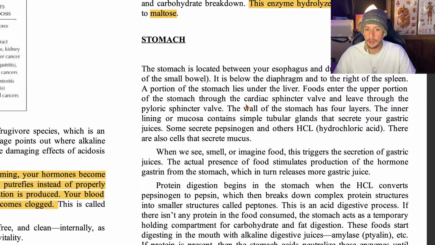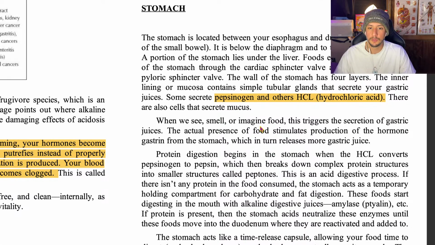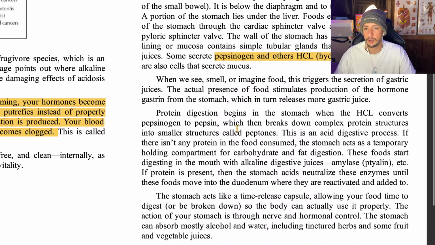It'll either add, through these valves, let me actually highlight it right here, pepsinogen or hydrochloric acid. So this is what will lower or raise the pH of your stomach to prepare it for what it's about to eat, which your mouth has just informed it of after starting digestion with amylase.